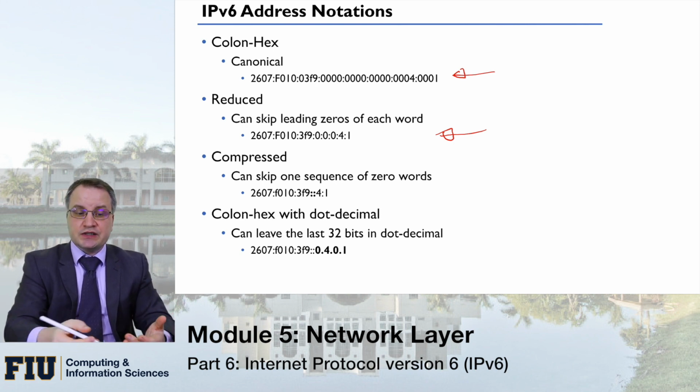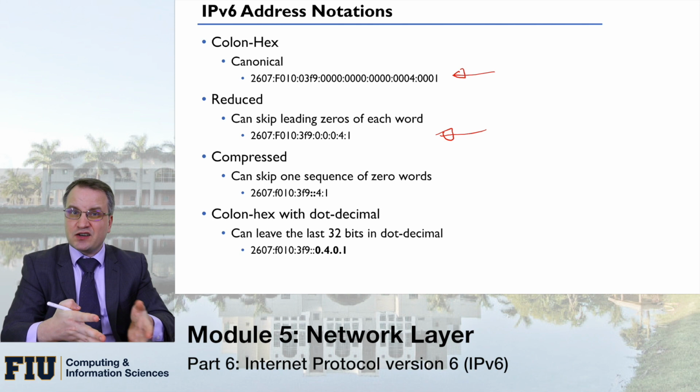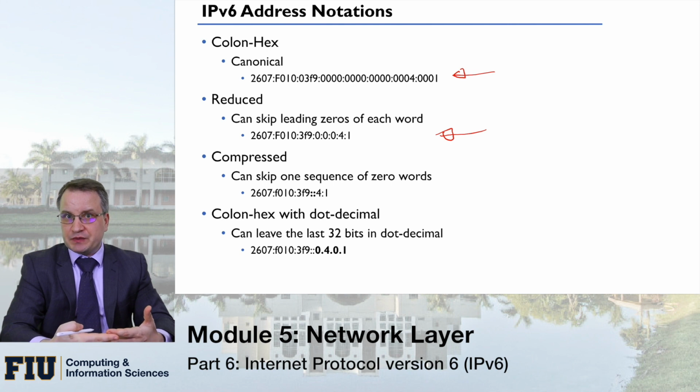So you can simply suppress a sequence of zeros with a double colon. Note that you can only suppress one sequence of zeros. So if you have an address with 000, some numbers, then 000, you have to pick and choose which sequence of zeros you will suppress. You cannot suppress both because it would create ambiguity about what exactly IP address you're representing.